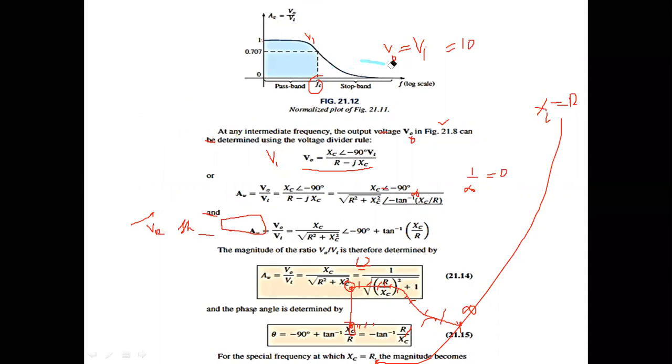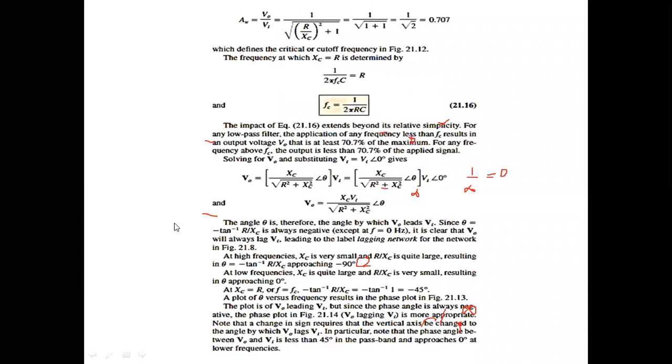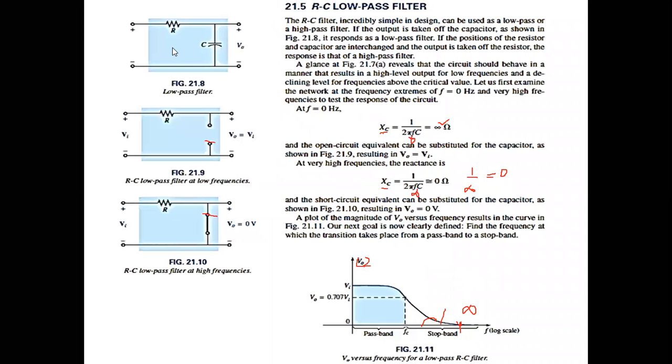For the simple series circuit, we are getting the voltage across the capacitor. According to the voltage divider rule, we are taking voltage across this.